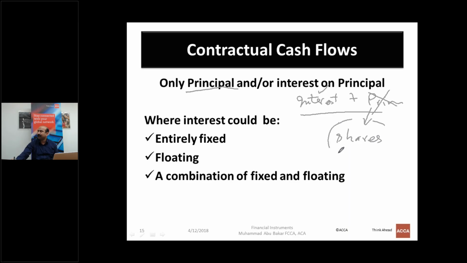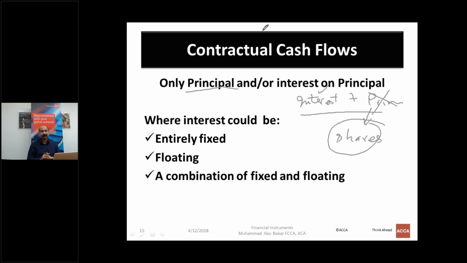Because of this, convertible bonds do not satisfy contractual cash flows. So that's why it does not fulfill the criteria. The contractual cash flow test is failed.